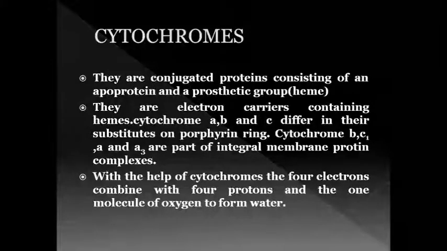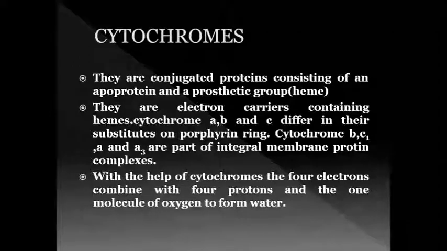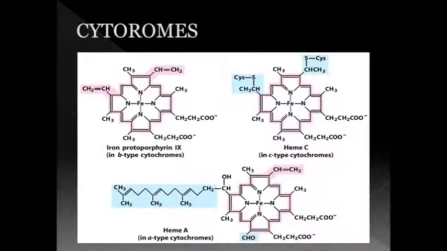This iron atom is reversibly oxidized when cytochromes transfer electrons. There will be conversion of ferrous iron into ferric iron with the release of 1 electron. Cytochromes are of various types A, B and C, and they differ in their substitution on the porphyrin ring.